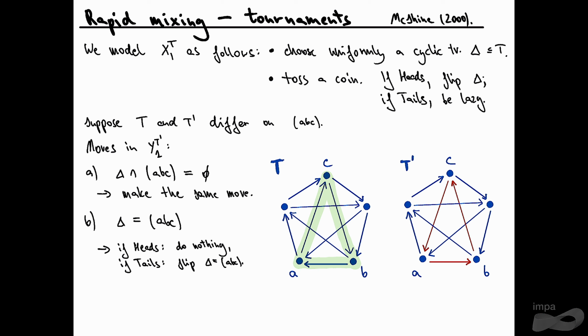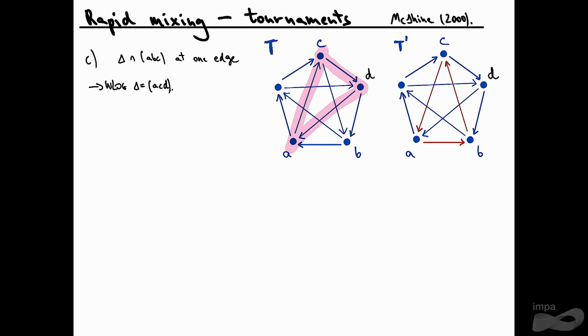But there is a third case. It might happen that the sampled triangle intersects ABC, but it's not ABC. And the problem is that this triangle does not happen in T prime, because one edge is switched. So we cannot just naively reverse the other one.